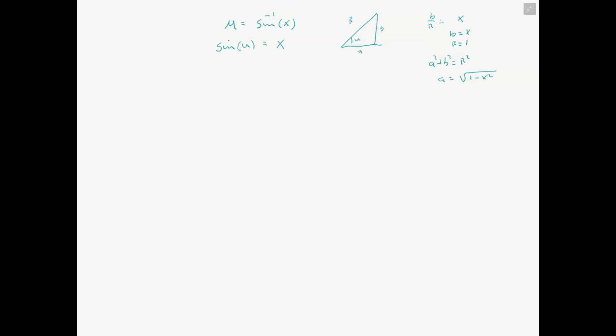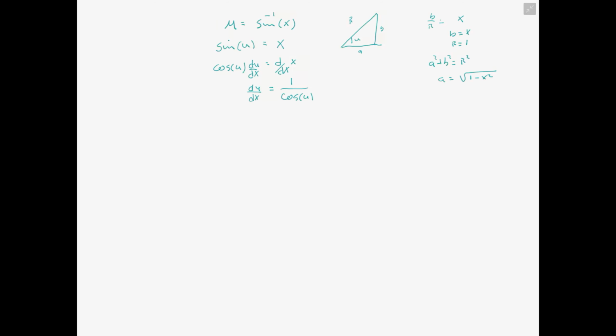Then we do our differentiation. We do cosine u du dx equals d dx of x, so du dx equals 1 over the cosine of u.